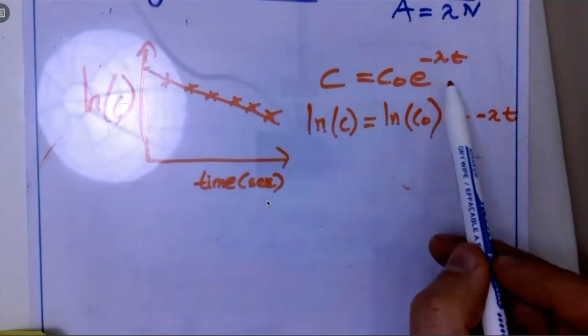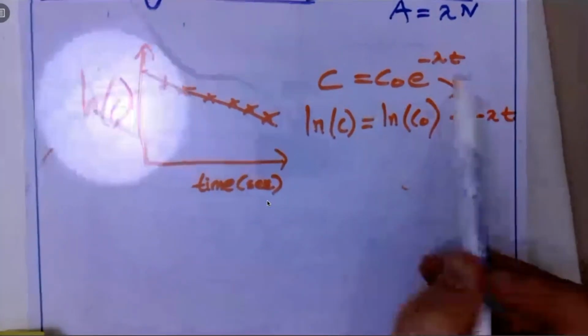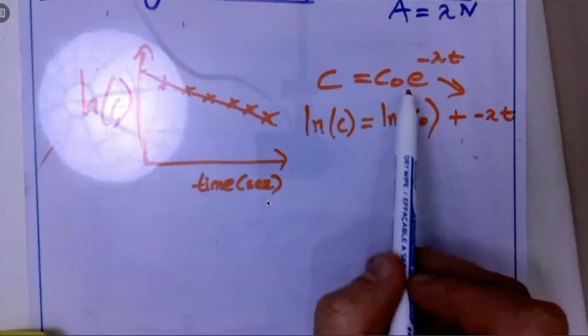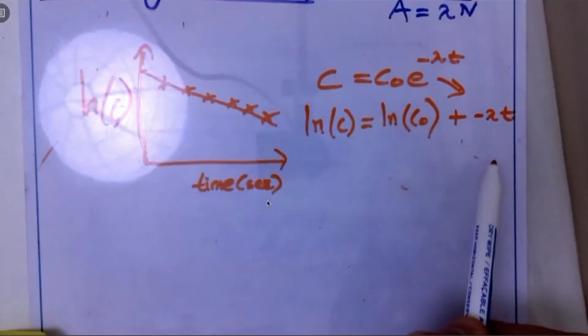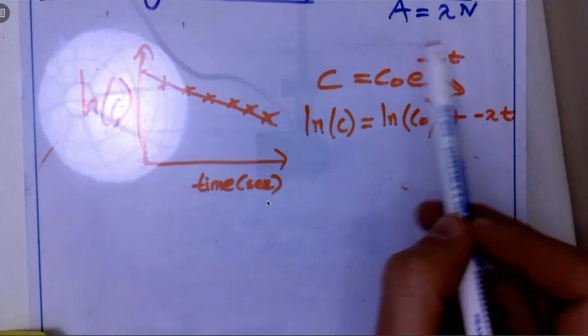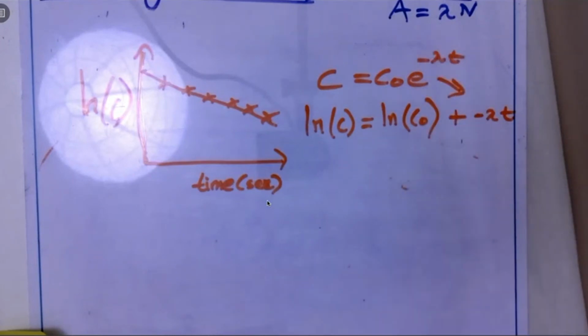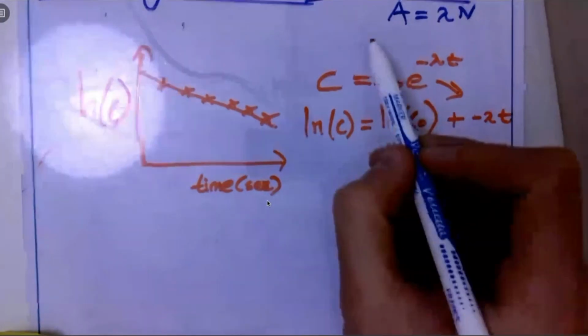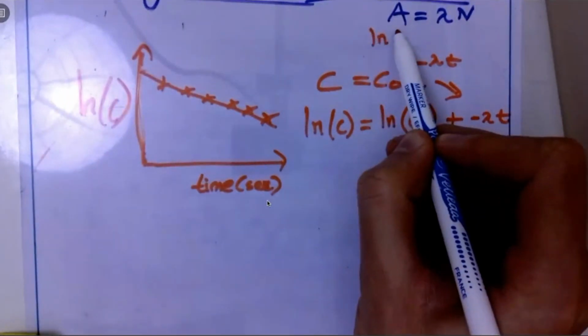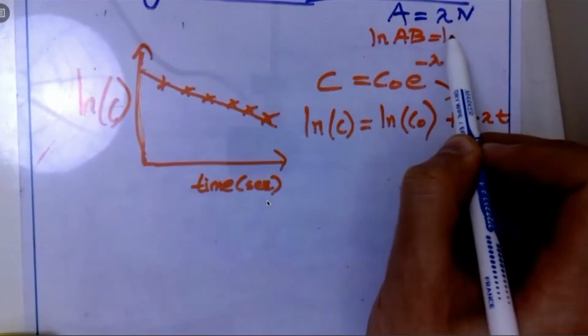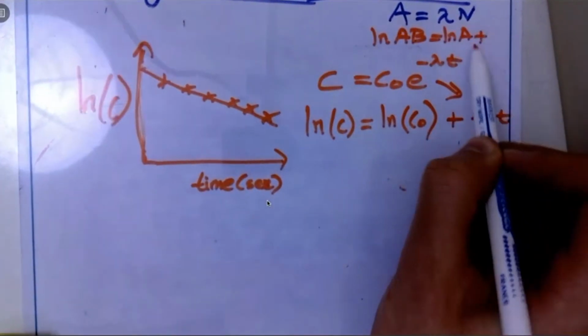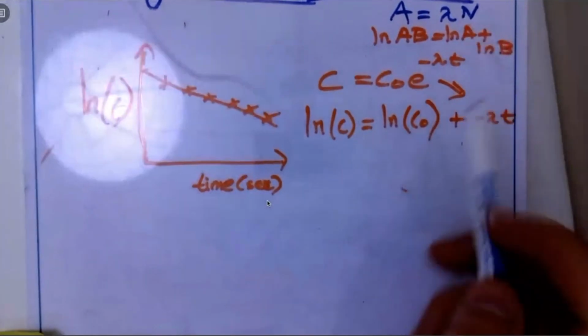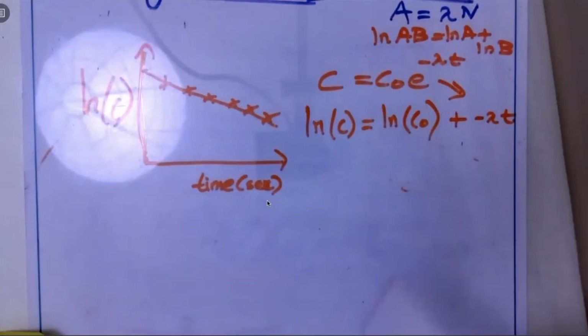Joseph, are you happy with what I've done here? Because if I log the e, it basically cancels out, so I'm just left with this top bit here. Yes, okay. And I'm also using the log ab equals log a plus log b rule there. That's what I've done there.